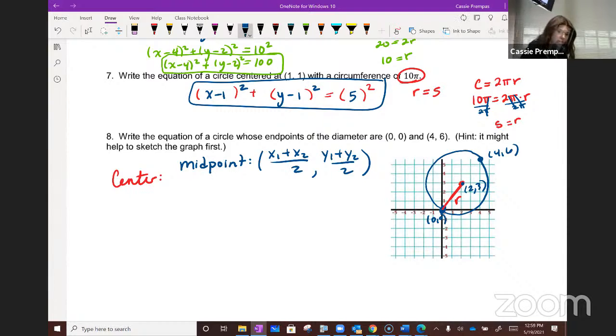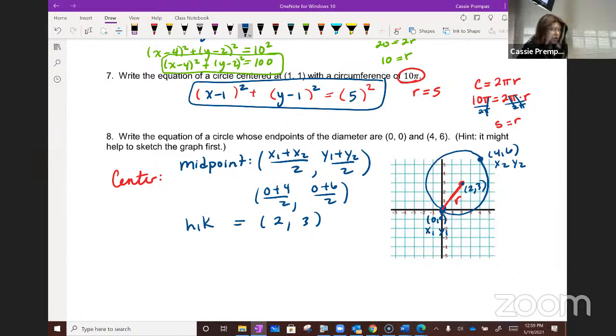So if I'm using those two outer points, I could call 0, 0 x1, y1 and 4, 6 x2, y2. And I could do 0 plus 4 divided by 2 and 0 plus 6 divided by 2, and I find that that center is at 2, 3. Remember, the center of your circle is your h, k. What's the other important piece in finding the equation? The radius. I need the radius.